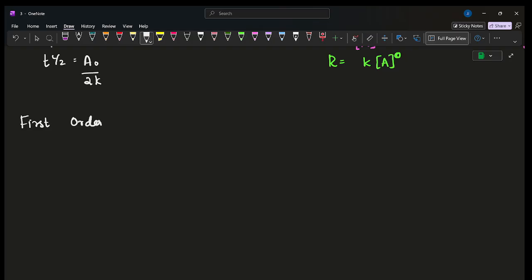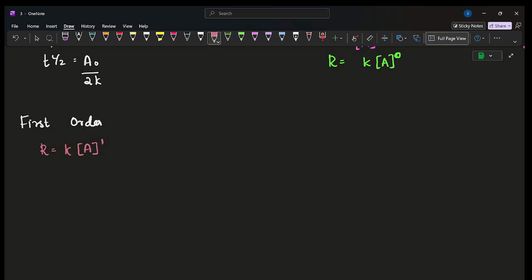A few formulas you might have to know for first order. The first would be to know R is equal to K times A to the power 1. I'm just differentiating R, and I'm putting reactants as A. R is the rate of reaction here.